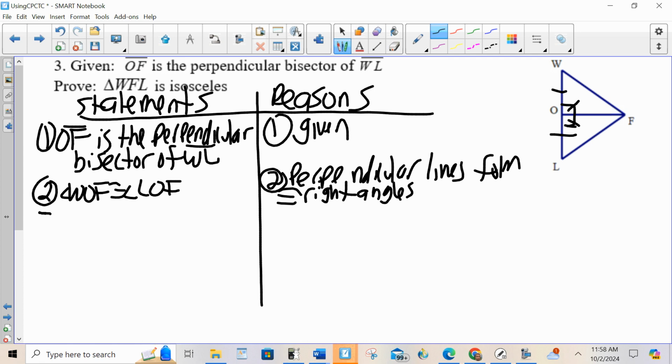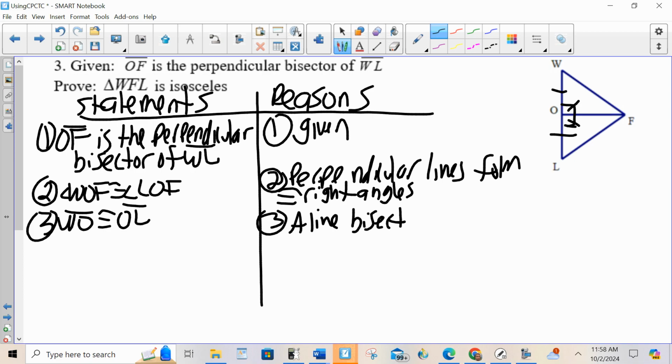And I can state that WO is congruent to OL, a line bisector. And you can say a perpendicular bisector. Either way, a line bisector creates two congruent segments.